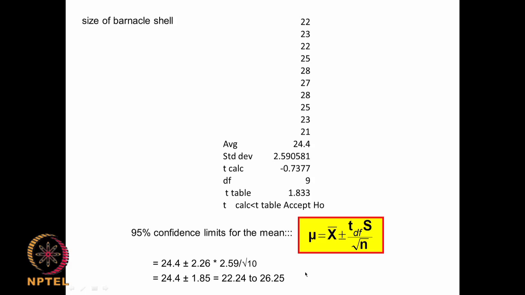For 95% confidence we say 24.4 plus or minus the t value times S, which is given here as 2.59, divided by square root of n. So, you get the confidence limit for the mean as 22.8 to 26. Obviously your 25 falls within that, that is why you are not able to reject the null hypothesis at this condition.